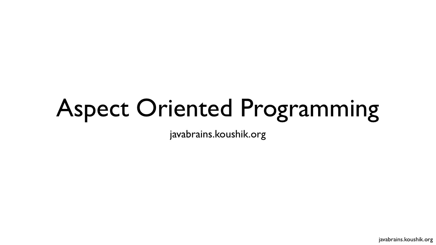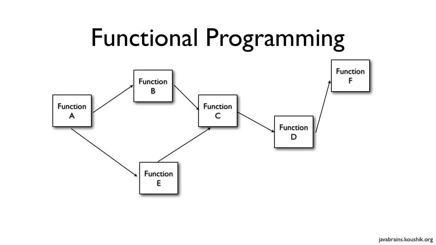So before we start with aspect-oriented programming, I'd like to take a quick detour and talk about functional programming. If you've written code in some of the older programming languages like C, you would know exactly what this is. When you're writing code in such languages, you think of a problem and then you break it down into different functions.